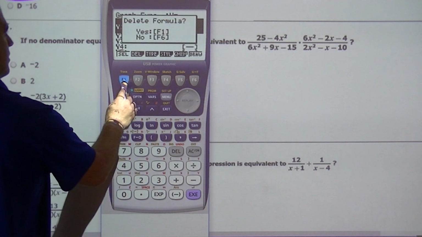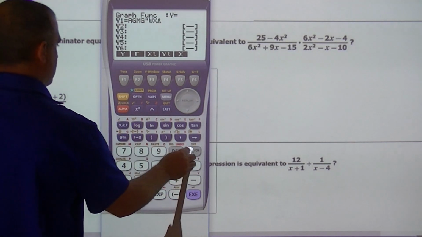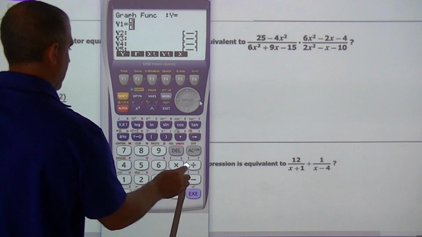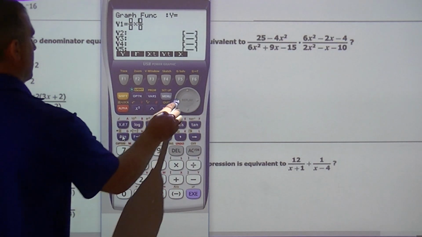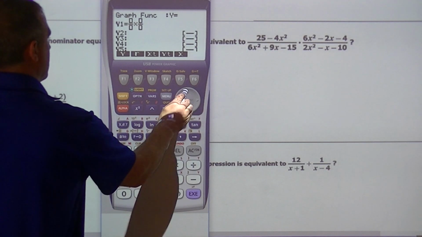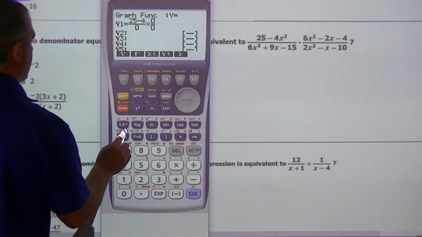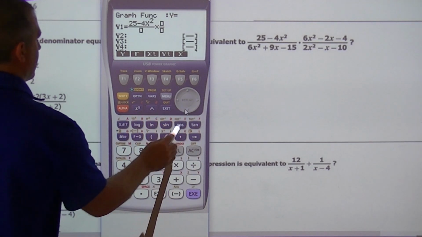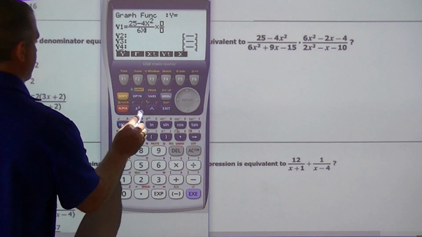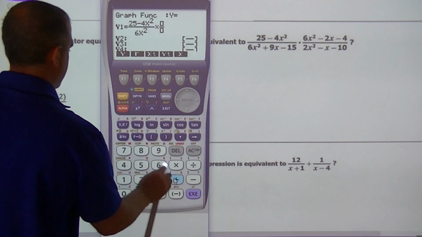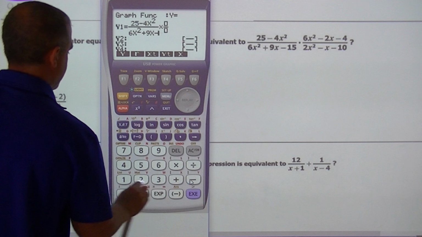I got a fraction button times a fraction button, and now I'm just going to fill in each part. When you do these rationals, I would lay out how it would look first. So 25 minus 4x squared. On the bottom is 6x squared plus 9x minus 15.